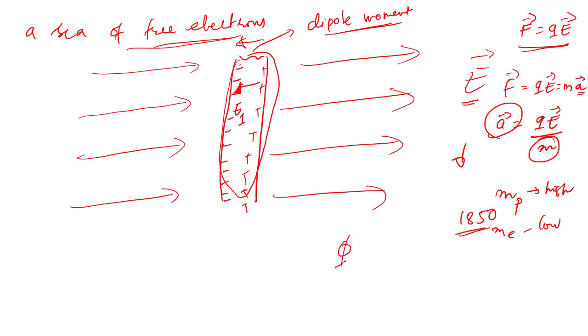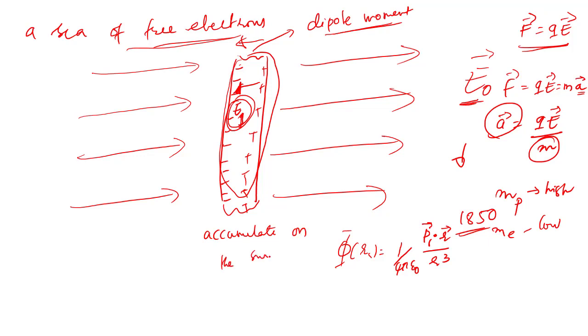Recall that the potential at a point r due to a dipole would be 1 over 4 pi epsilon naught, the dipole moment times r by r cube. So essentially you have a dipole field here inside. Let's call this E1 and this E0, the applied field. So this E1 acts so as to balance out this E0. So there are charges that accumulate on the surface so that the total electric field inside the conductor is 0.